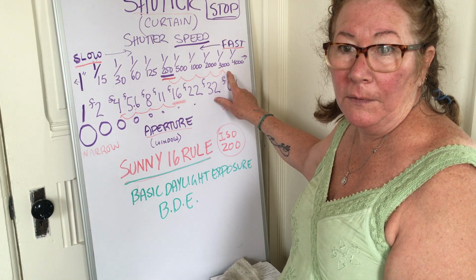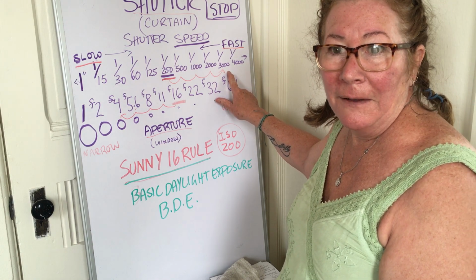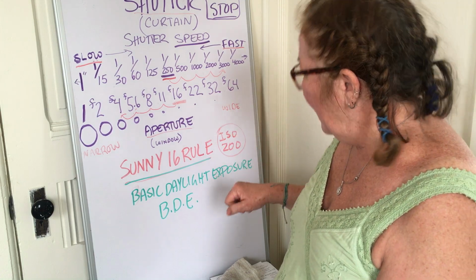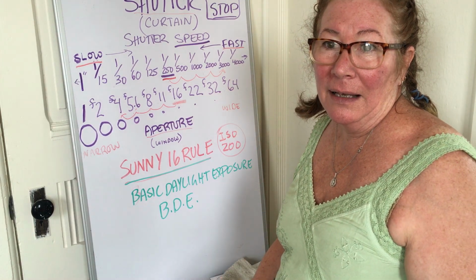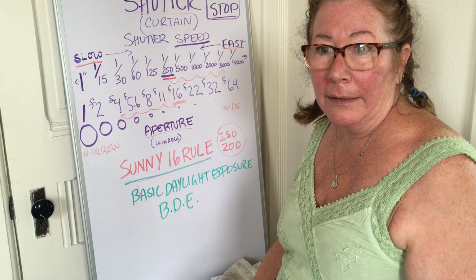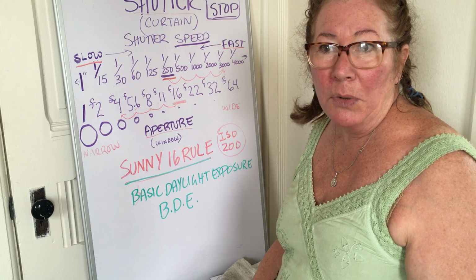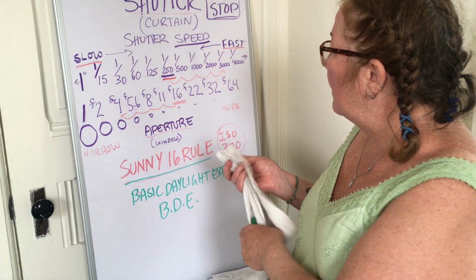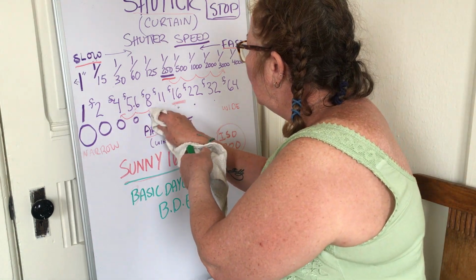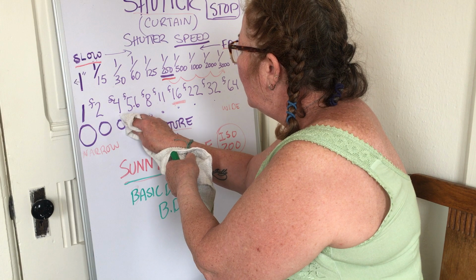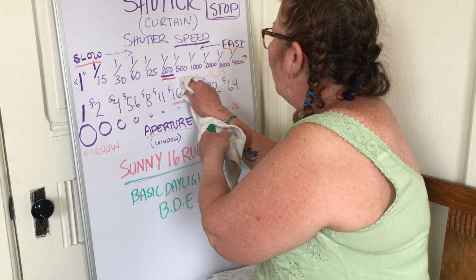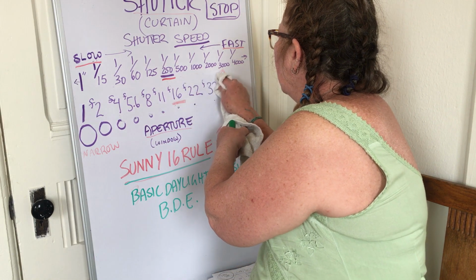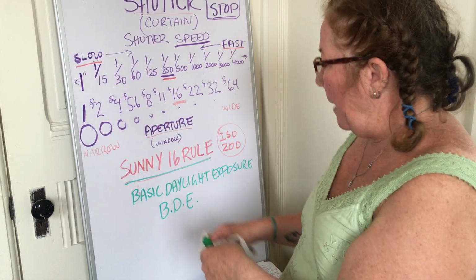Because in sports, people are moving around. If you're photographing a stationary object, like say a flower, it's not really moving, you don't have to have a fast shutter speed, okay?